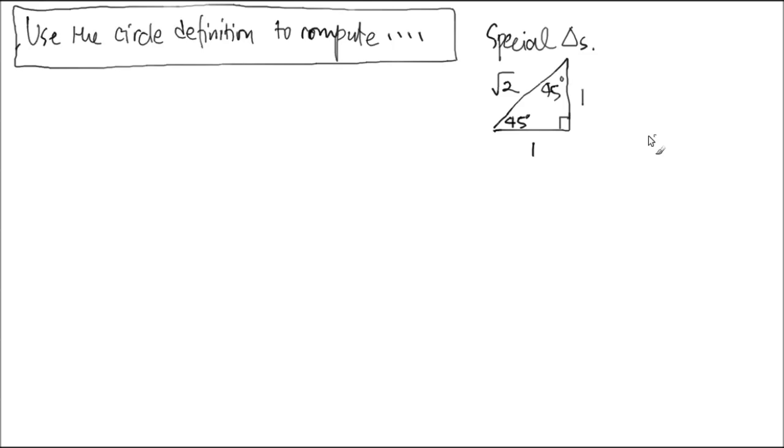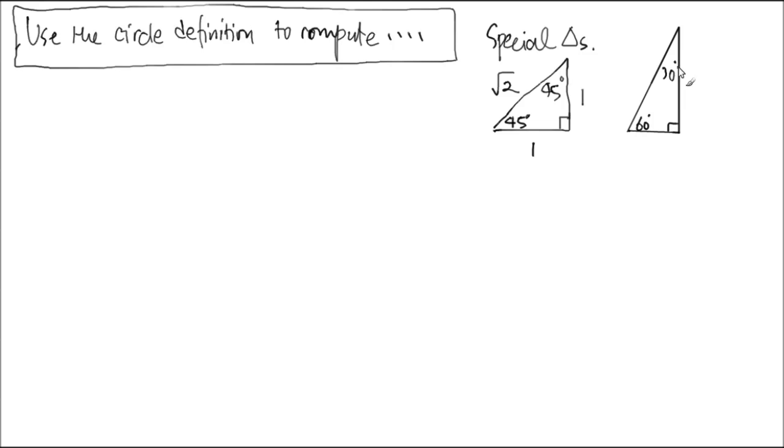The second special triangle I call a tall triangle, taller than this one. That comes from equilateral triangles, right? It looks something like this, with a bit of exaggeration, with a 90-degree angle there. What are those angles? Think about the equilateral triangle. What is one of the angles? 60 degrees here. What is the other one? 30 degrees, therefore. Together they make 90 degrees in the right triangle.